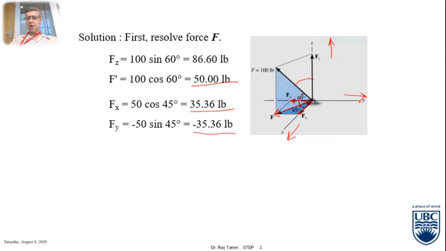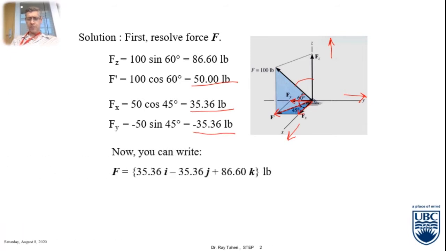So this is my fy. So you see, we broke down f into fx, fy, and fz. So we can simply write here the Cartesian components of my f vector, x, y, z. That's good. The next step is I want to find the Cartesian components of my vector g.